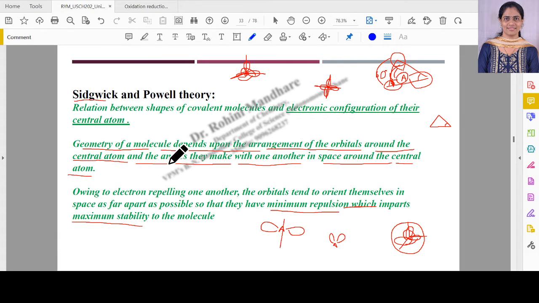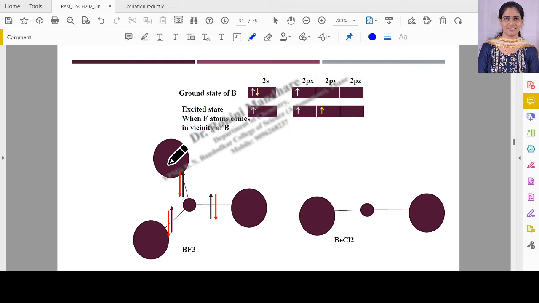So this theory basically deals with the arrangement of orbitals around the central atom only. It is not considering the lone pair present on the central atom. It just checks how many bonds are there and how the orbitals are arranged.